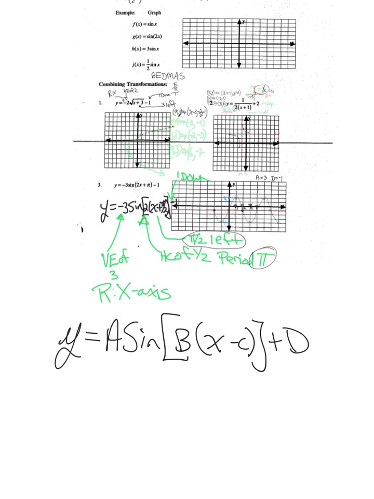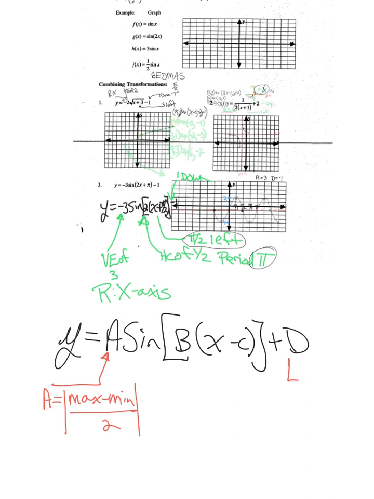So the A was giving you the amplitude, and the amplitude is the absolute value of the max minus the min divided by 2. Absolute value, even if the A is negative. The negative means the reflection. When we're asking for the amplitude, I'm asking you the height of the wave. It's a distance, so it's always positive.